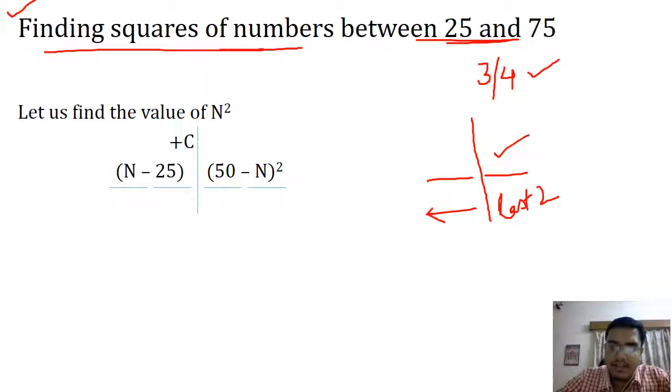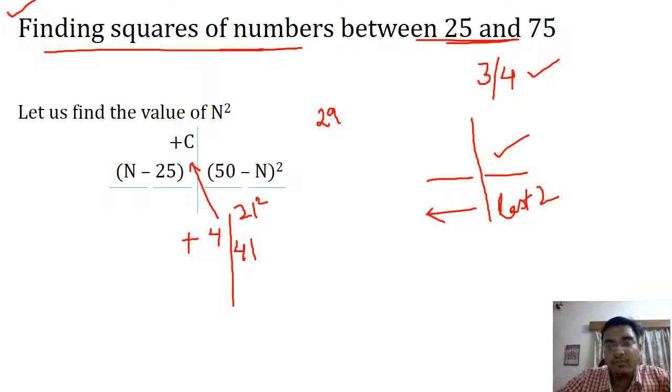In the last two digits we'll write 50 minus the number, whole square. So if we are taking out the square of, let's say, 29, what will we write? 50 minus 29 whole square, that is 21 whole square, which is 441, right? So 41 we take as the last two digits, and 4 we assume to be our carry.